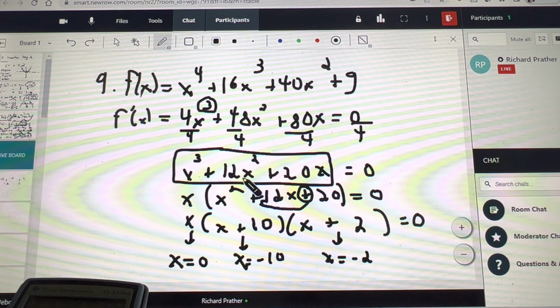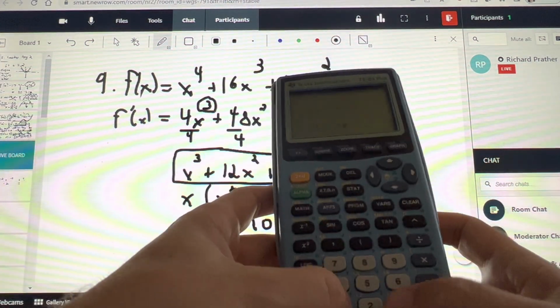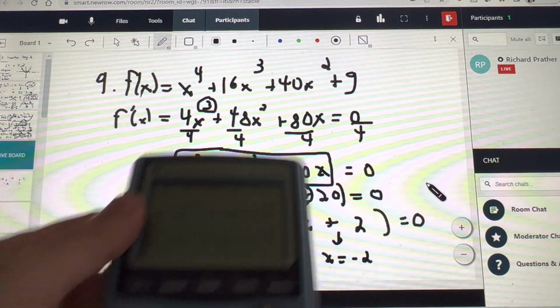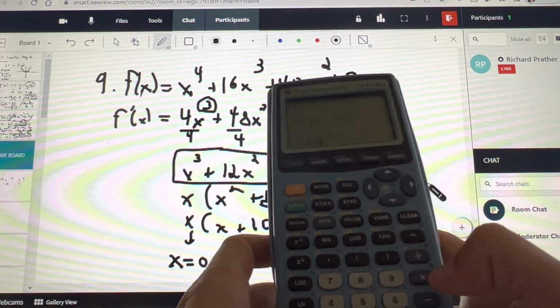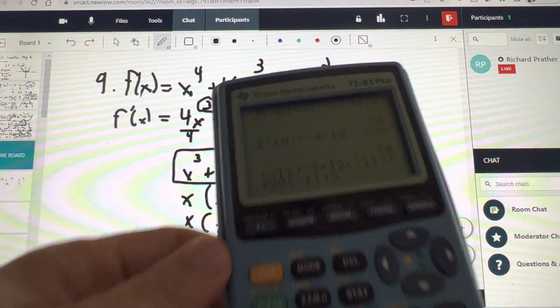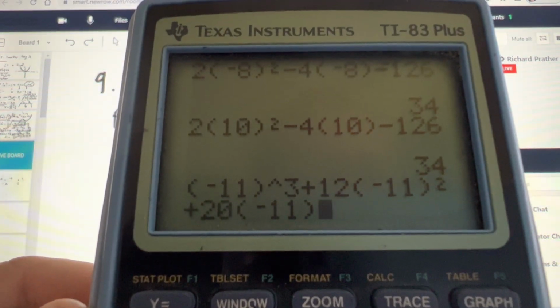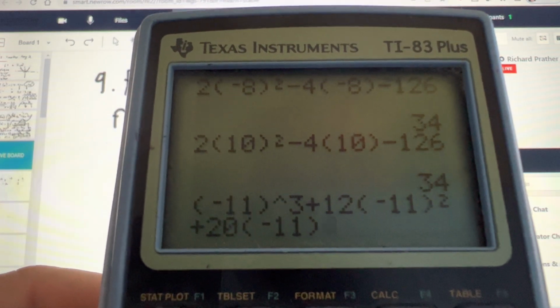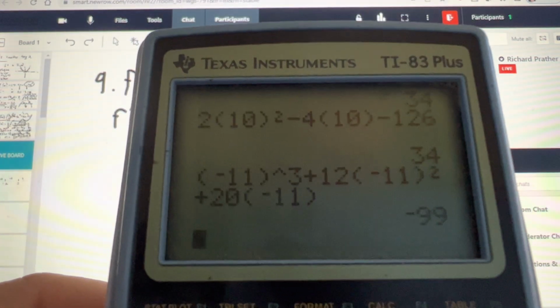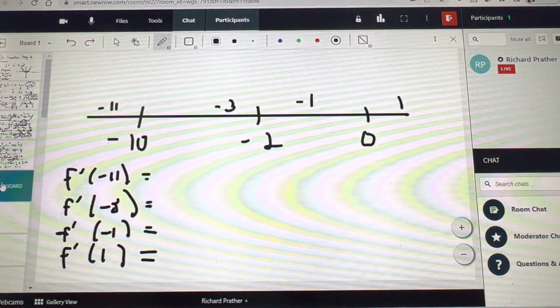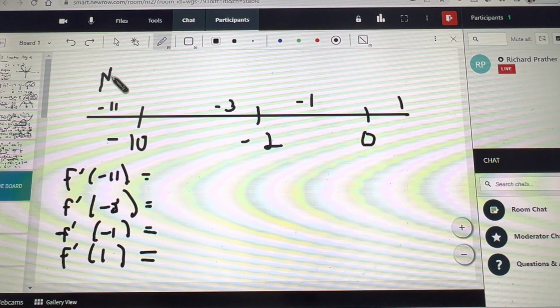Plus 12, then -11 squared. Plus 20x, so plus 20 times -11. So there I am plugging -11 into a simplified version of the derivative function. That's -99, and we don't really care about the value -99, but it's negative.